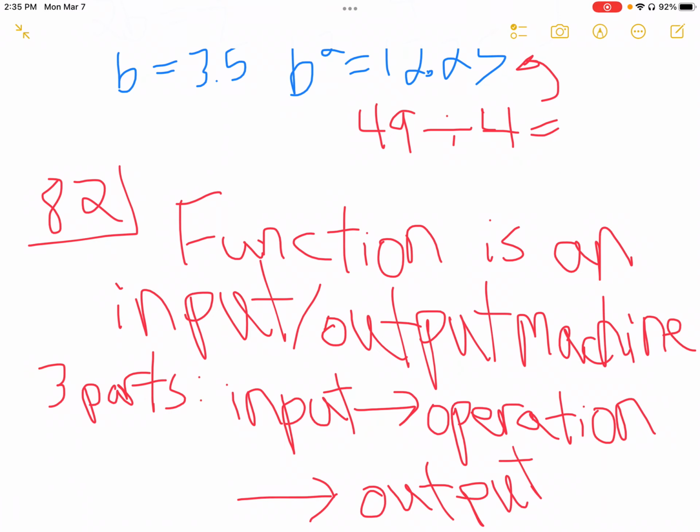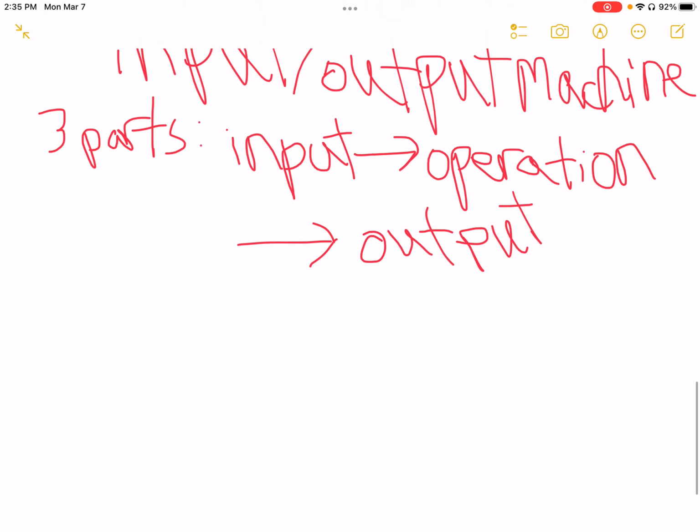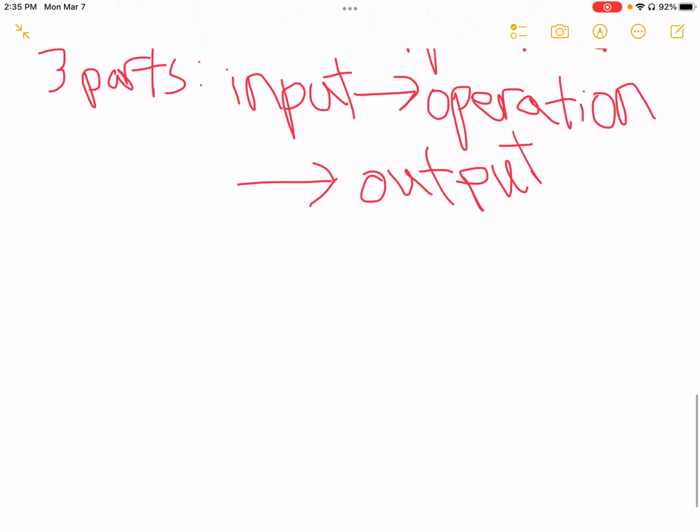So in this case, we're going to look for a function. We can even use our calculator to help solve the function here.